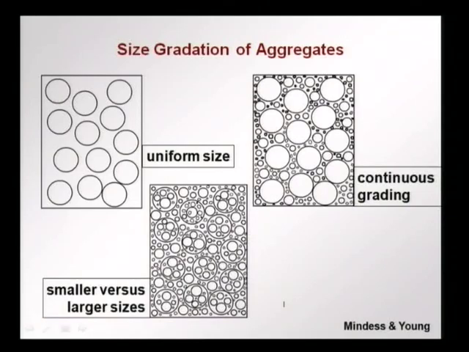If we have aggregates all of the same type, that is a uniform size, you see that there is a lot of space between the aggregates. So, this would require a lot of cement paste to be added.